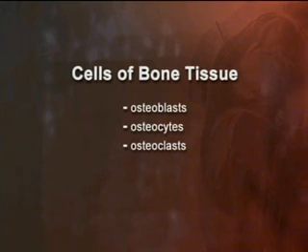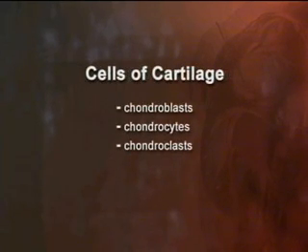If we look at the next graphic, we can see that the cells of cartilage are named in a similar manner. The cartilage forming cells are called chondroblasts. The cells that sit around in the cartilage matrix after it's been formed are called chondrocytes.